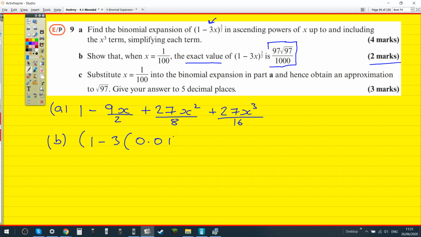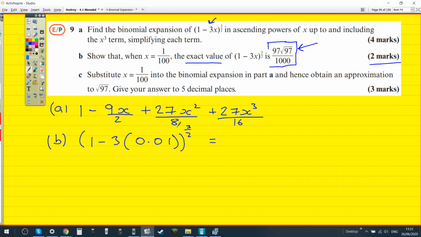Just say equals 97 root 97 over 1,000. Yeah. What is the power of a half the same as? Square root. Yep. And that's where that square root comes from. So when you're putting square root into your calculator, it's turning it into a decimal because there's other stuff going on.